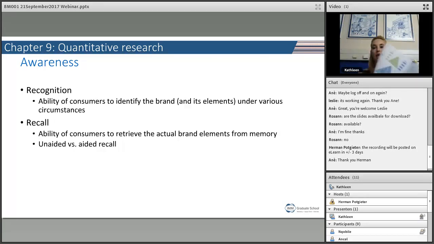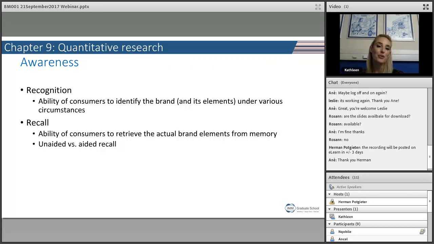This model on page 108 is so important to all the other chapters because we keep referring to those building blocks and the pyramid and how all of these elements help us reach our ultimate goals of brand equity and resonance and loyalty.